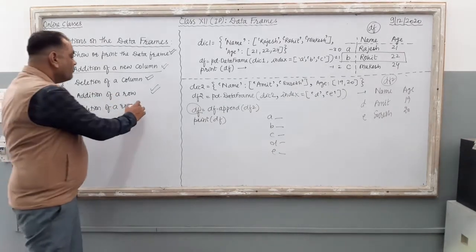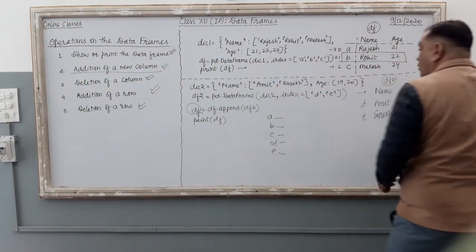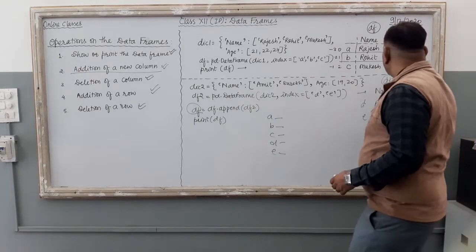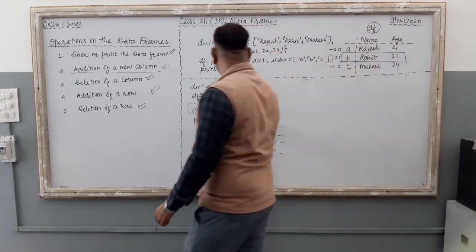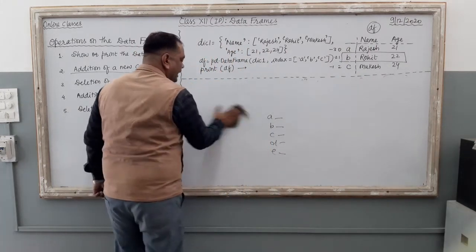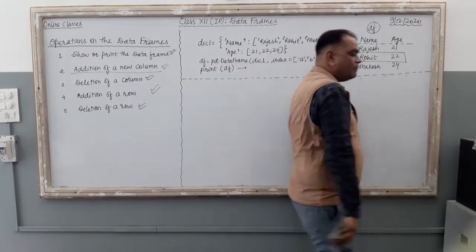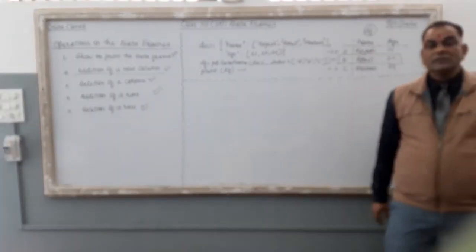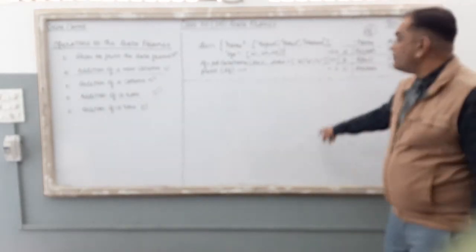Now we will move towards the last function, that is how to delete a particular row from a specific data frame. Clear? So now just see, the df data frame is there on the monitor. Here in this df data frame, 3 rows are there, A, B and C. Rows are indicated by the index name, columns are indicated by the column name.